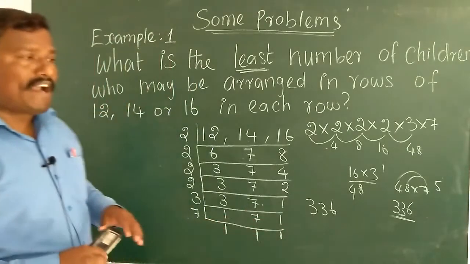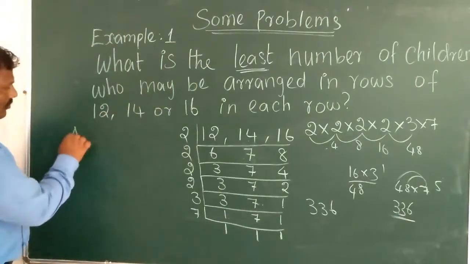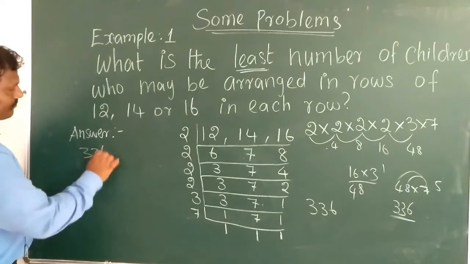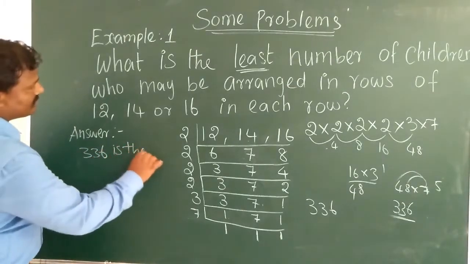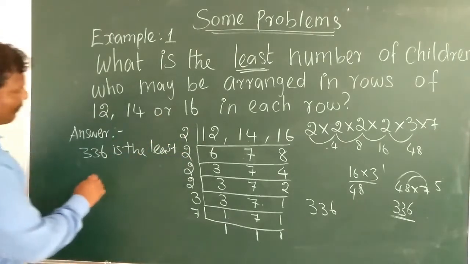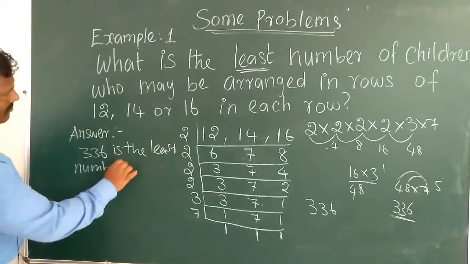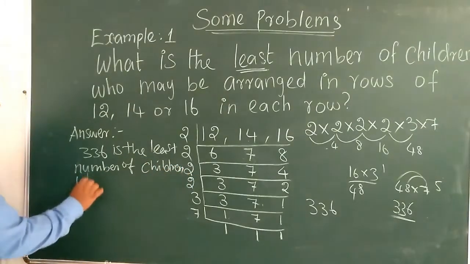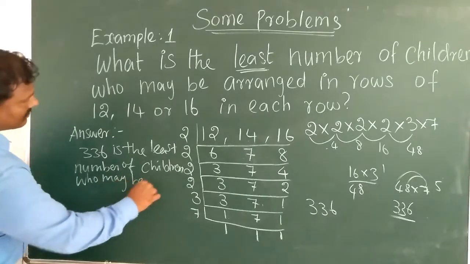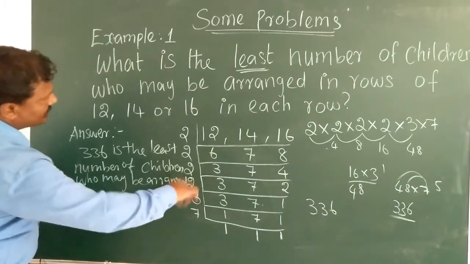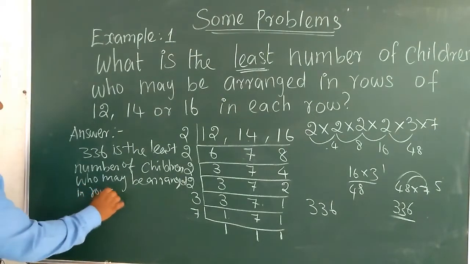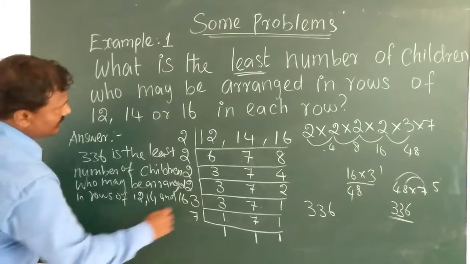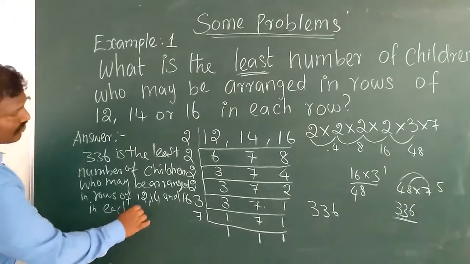So this is the answer. Finally, how can we write the answer? The answer is 336 is the least number of children who may be arranged in rows of 12, 14 and 16 in each row.